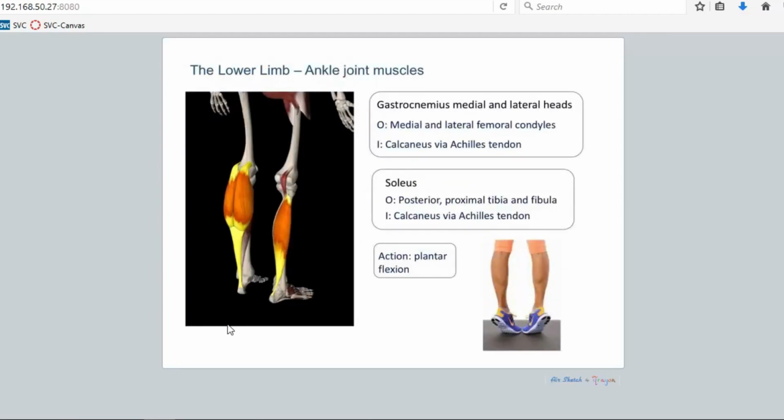Okay, then finally down here at the ankle joint, these are lower limb muscles, and so these muscles are going to be crossing the ankle joint, and specifically we have the gastrocnemius, and we have the gastrocnemius medial head and lateral head, and you can see that their origins are up here on the femur, on the femoral condyles.